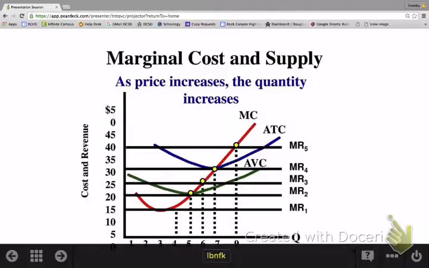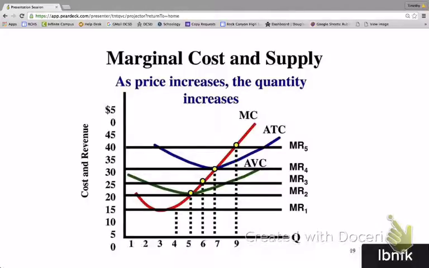So here you can see as price increases, the quantity supplied increases. So here, the shutdown price would be the minimum of average variable cost, which would be a quantity of 5. So the shutdown price in this case would be $20. But the firm would produce, even if it's incurring losses, at any price above $20.